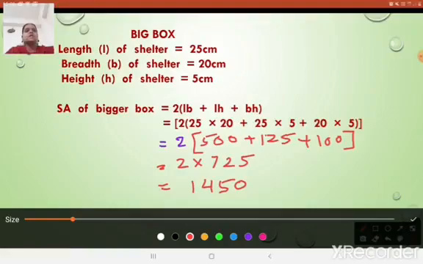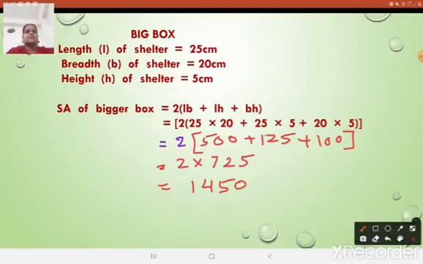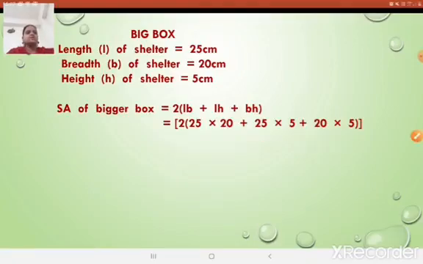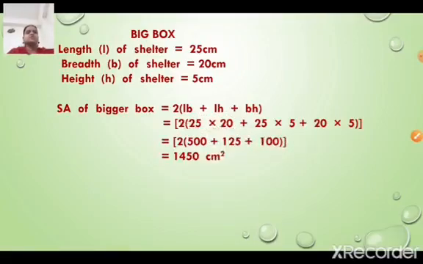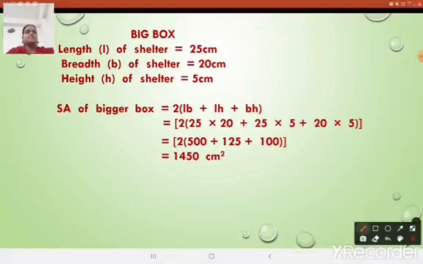In this whole chapter, the calculation part is very important. You should be very comfortable with all the calculation part. Okay. So let us see once again the calculations. Yes, 25 into 20 is 500 plus 125, that is 25 into 5, and then 20 into 5. So it is 100. Correct.